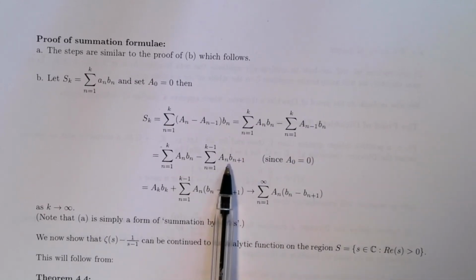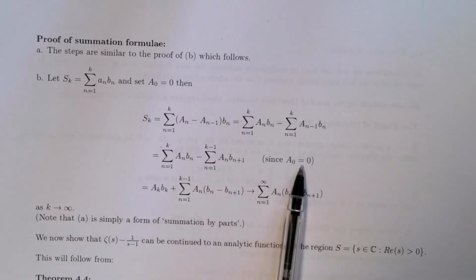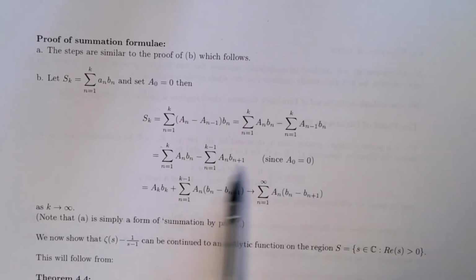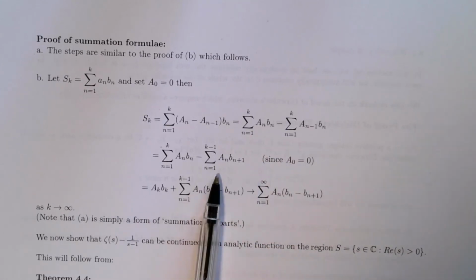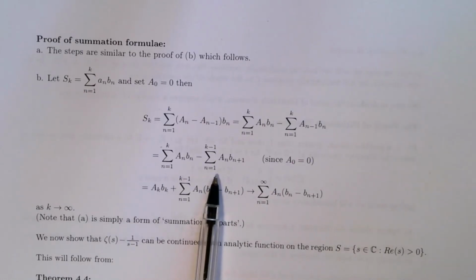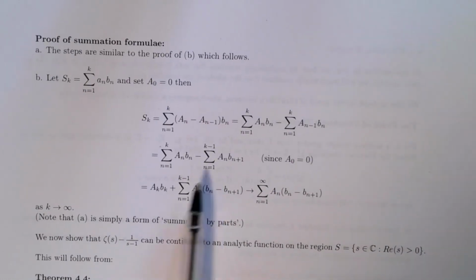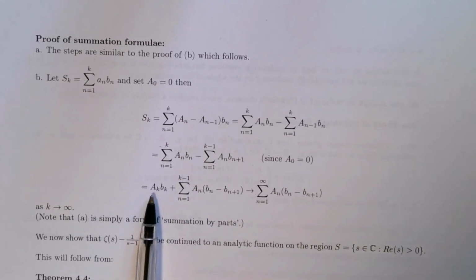And so I leave you to check that's what you get, remembering that capital A_0 is 0, and so although when you change the dummy variable here, you start with little n as 0, because A_0 is 0, we can just sum from 1. I peel off the last term of this series, which is A_k b_k.